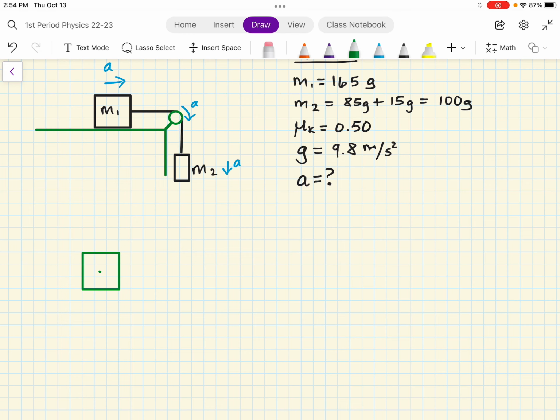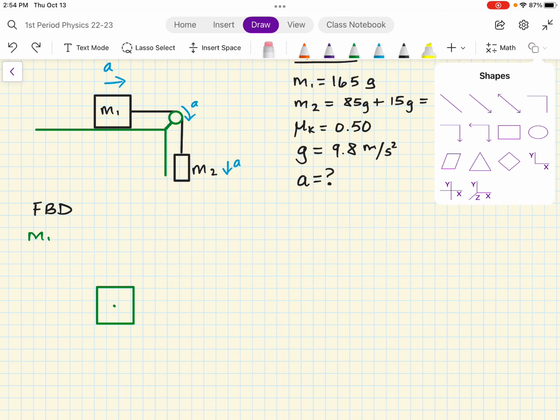And let me state the fact that we are drawing our free body diagrams, as we should, for any forces problem. Free body diagram. And this one is for mass 1. We know we have the weight, right? The weight of mass 1, which is the force of gravity.